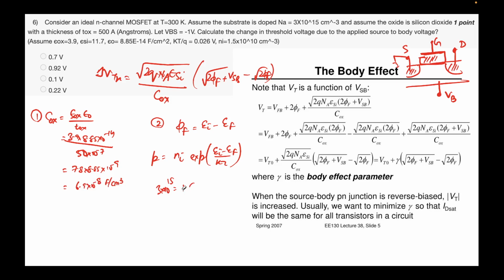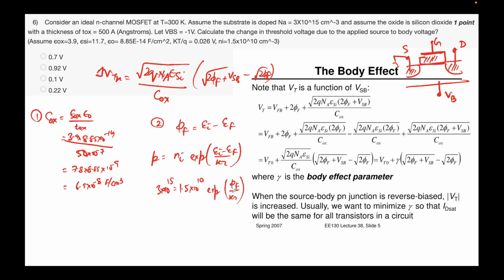It's 1.5 into 10 to the power 10 per centimeter cube, exponent of EI minus EF is, this will be your phi F over KT. Yeah, so this is from here.